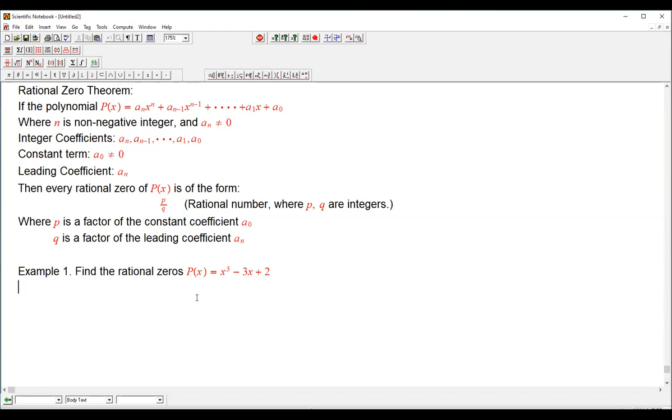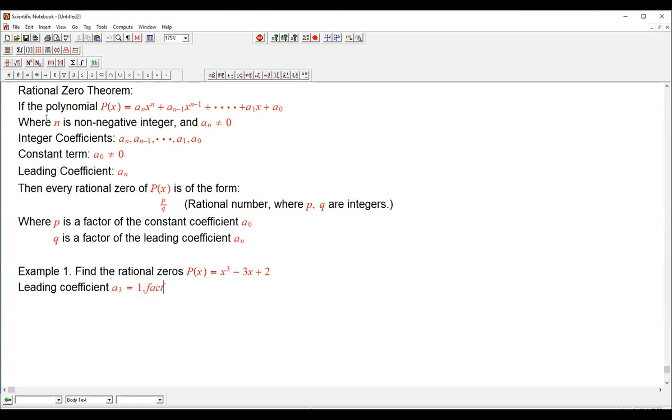First we have to find all possible forms of P over Q. That means we're going to factor the constant term and factor the leading coefficient. What is the leading coefficient? Here we have power 3, so the leading coefficient is a sub 3. A sub 3 is 1.